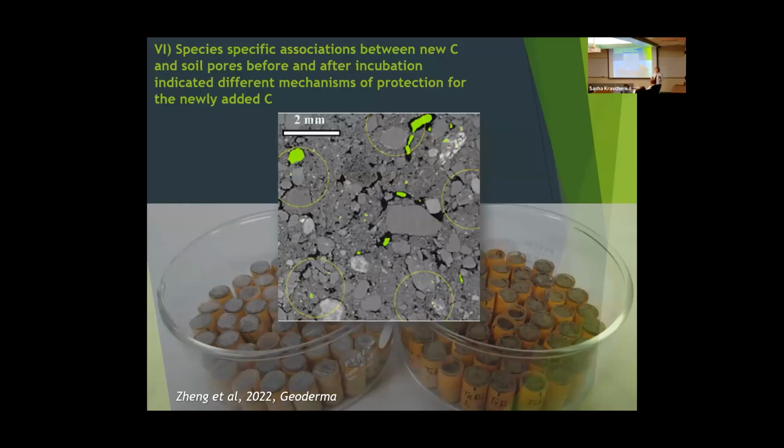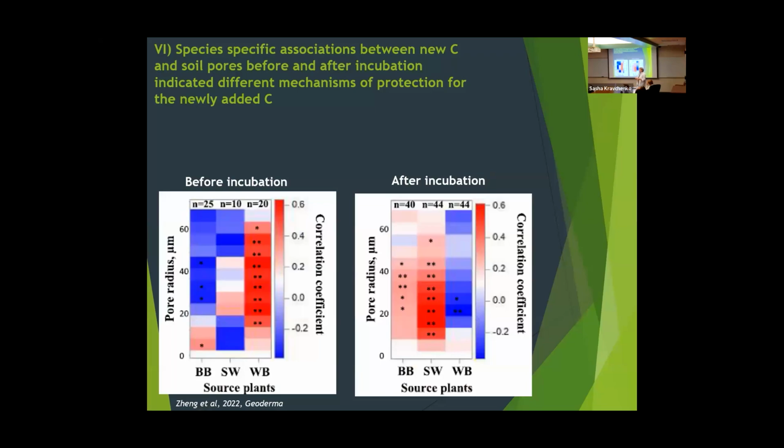And fortunately for 13C, you need only very tiny quantities of soil, which made it more meaningful for relating pores and 13C. The results were not as promising and conclusive as we hoped, and left more questions than answers. What you see here are the data for our three plants from our first study: big bluestem, switchgrass, and wild bergamot.